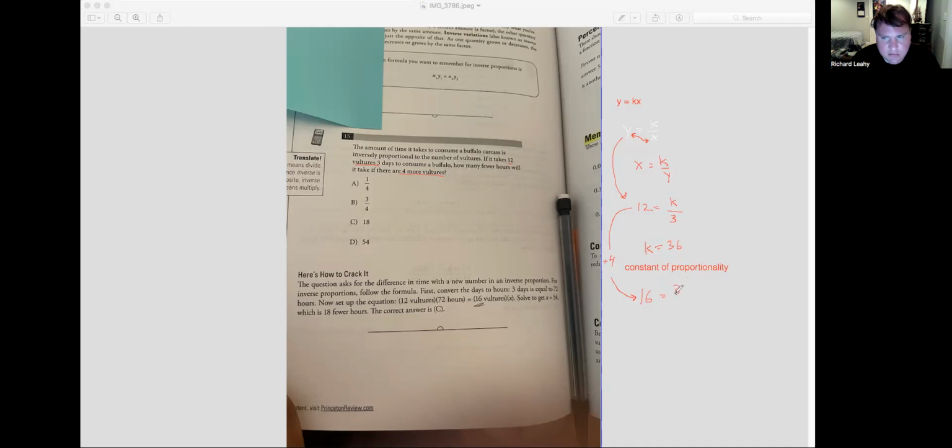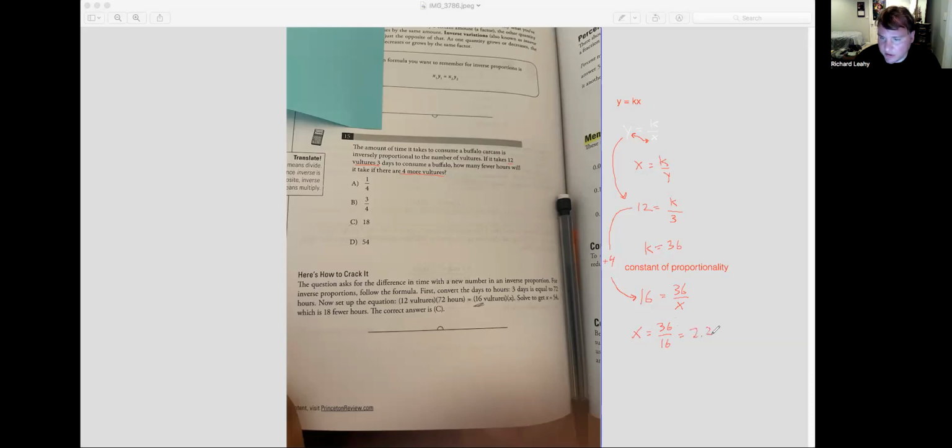I am going to write 36, because we have already solved it, over x. As I pointed out here, you can switch these y and x, and you can get x equals 36 over 16.